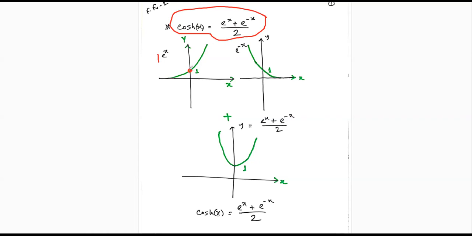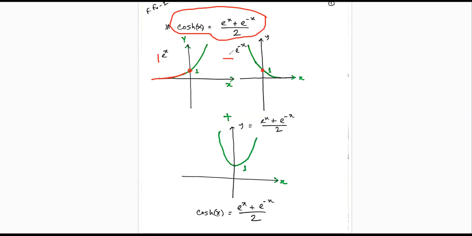If I increase x, it increases and goes to infinity. And if x takes negative values, it goes toward 0, so it continues like this. Similarly, for e to the power minus x, we get this curve. As you can see, at x equal to 0 the value is 1.